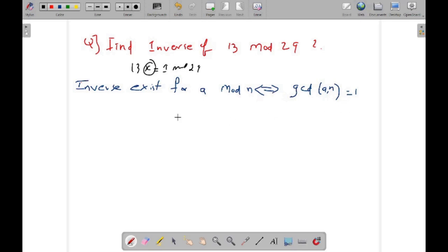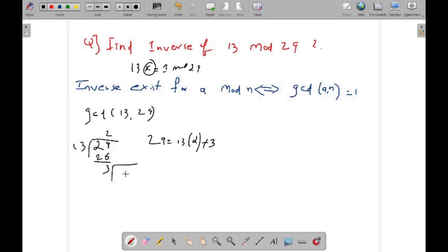Let us check the GCD of 13 and 29. 29 divided by 13 is 2 times, 26, remainder 3. That is, we can write 29 equal to 13 into 2 plus 3.